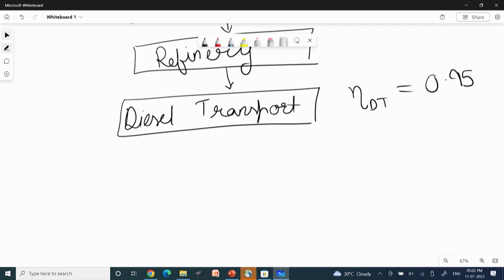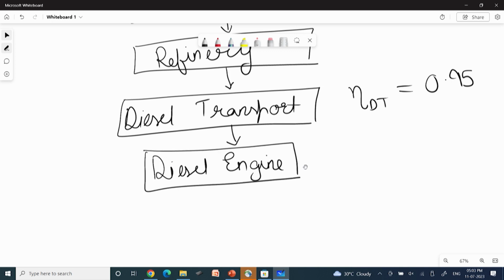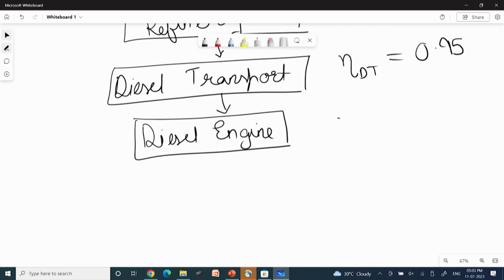And finally, this diesel ends up in a diesel engine. This diesel engine would have a typical efficiency of somewhere around 40%.